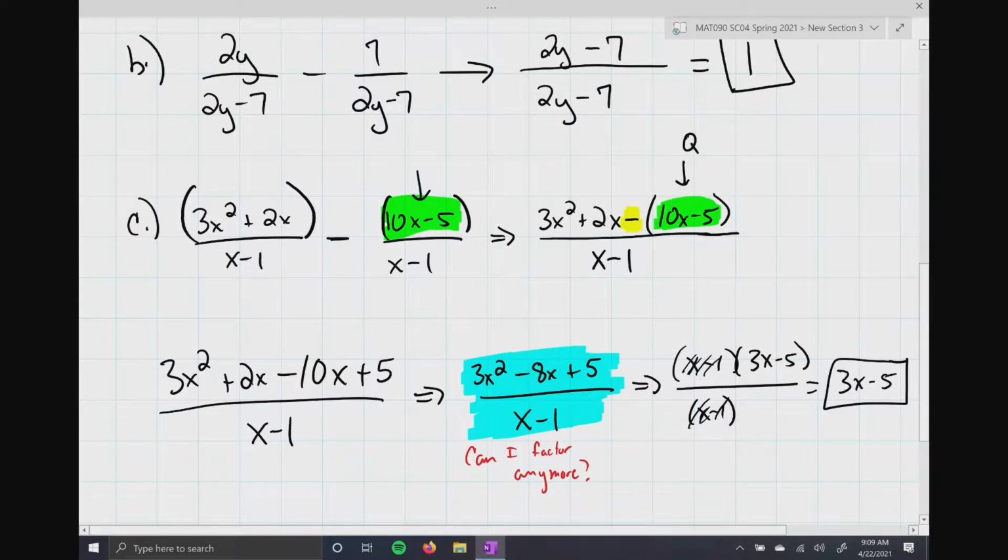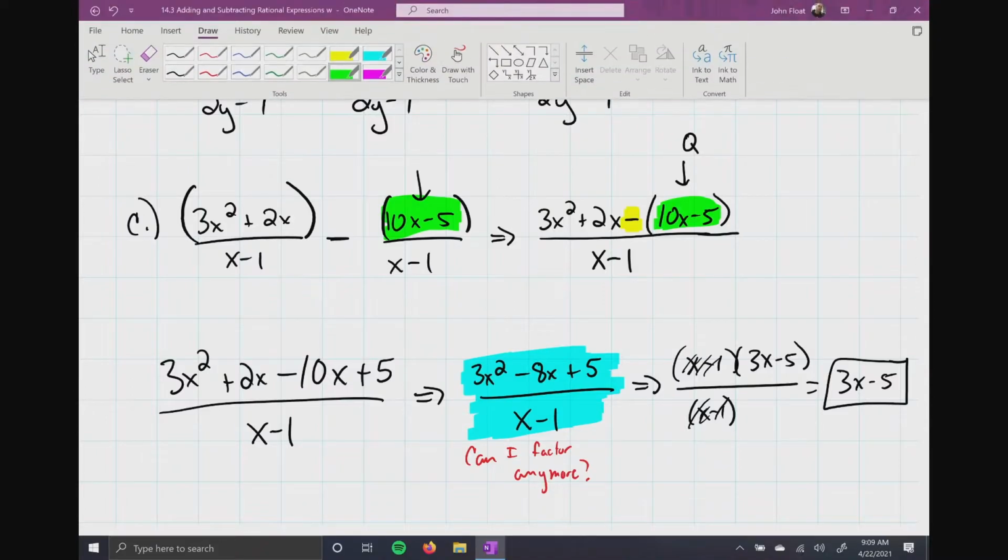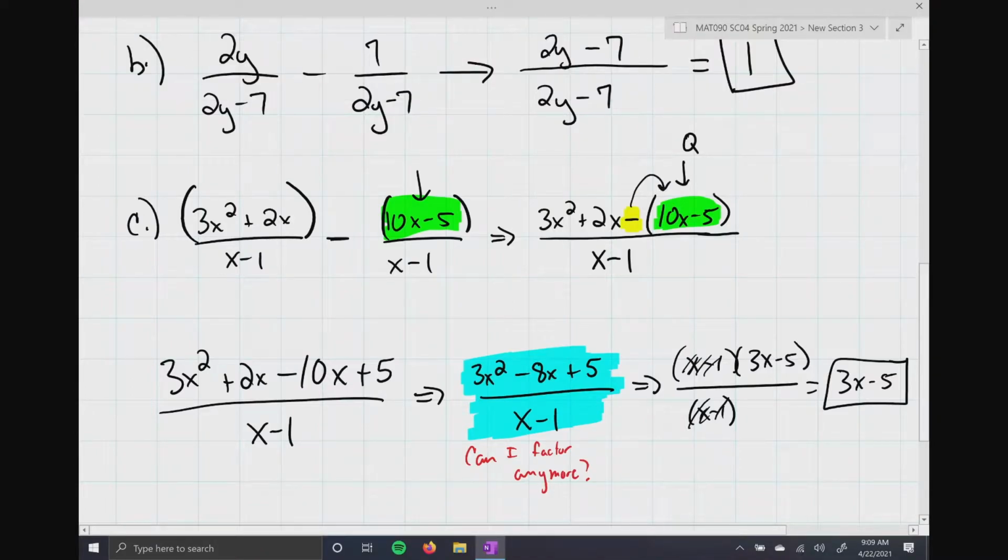All right. Now, if we continue with this problem, we distributed the negative sign. So let me go ahead and highlight that. So distribute this. That is how I got negative 10x plus 5, where I just put that star. And then we group like terms. And the last thing that we always want to ask ourselves, can I factor anymore?